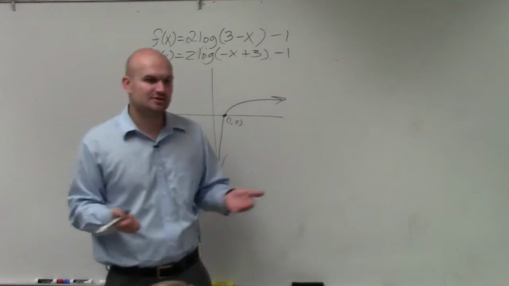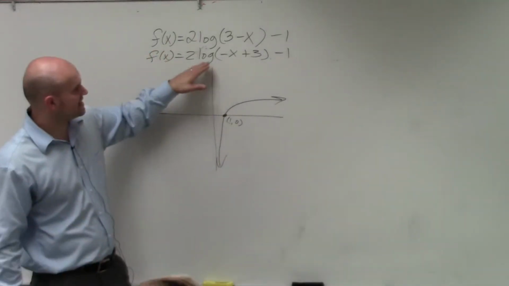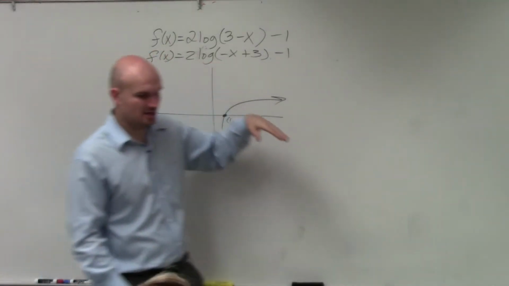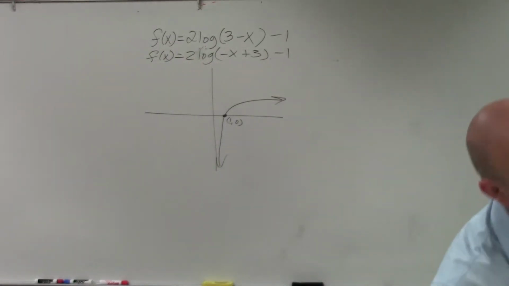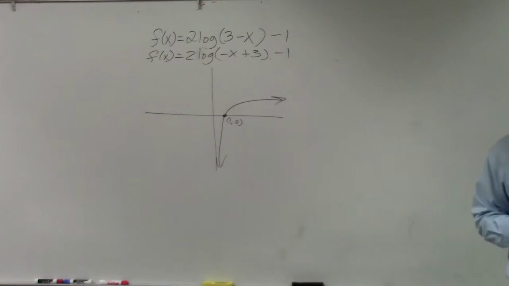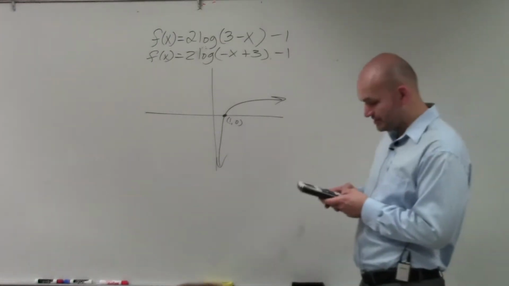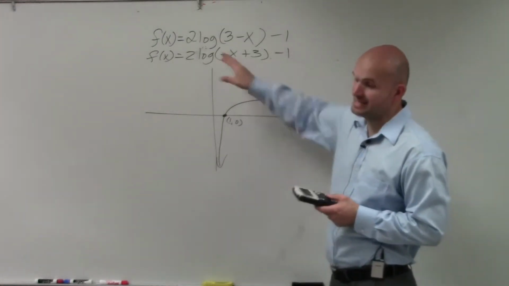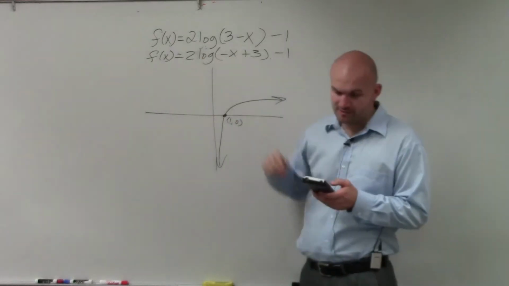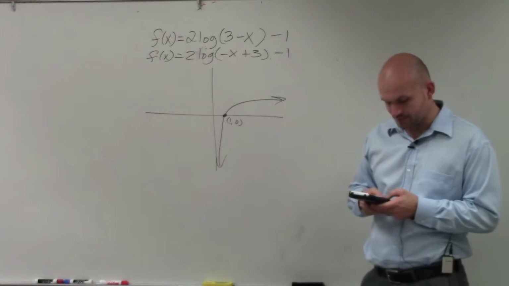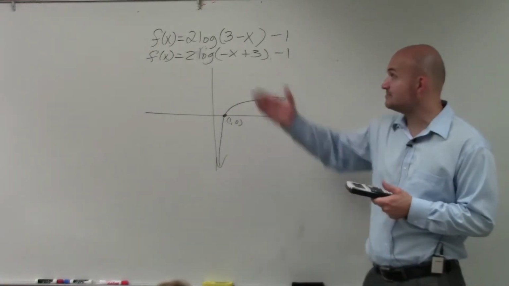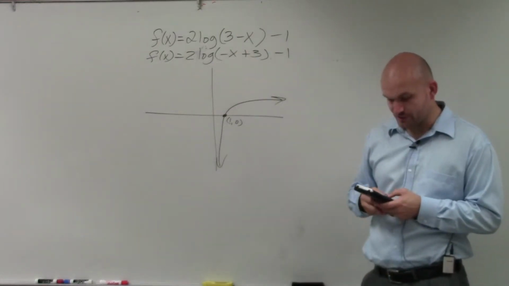That's not going to affect the intercept, but it's going to stretch the graph. When A is negative, it's going to reflect about the x-axis, but since that's positive, we don't need to do that.